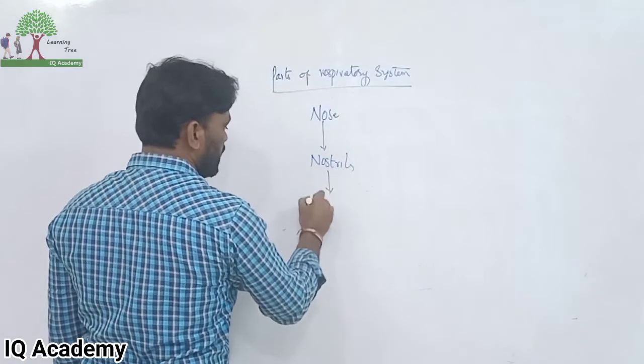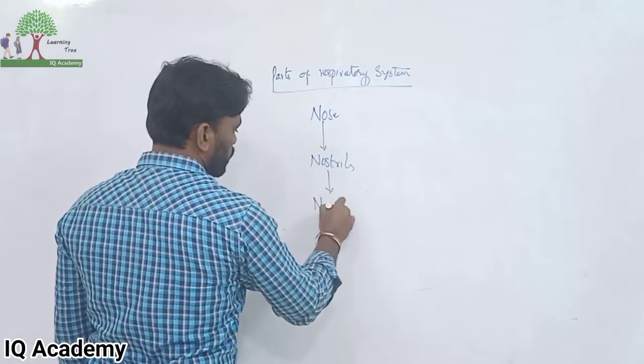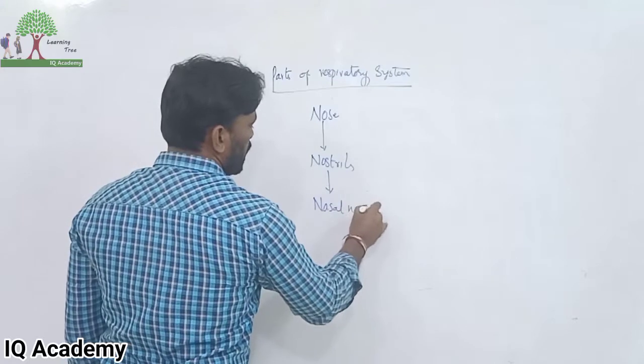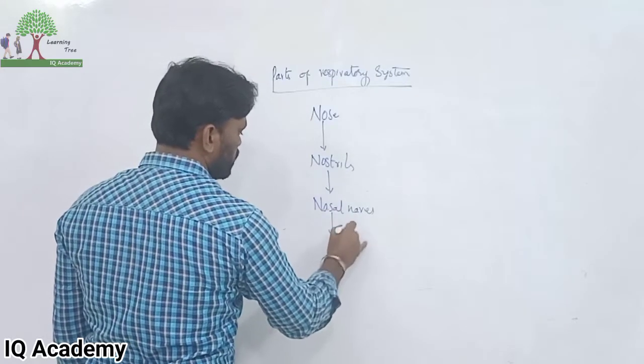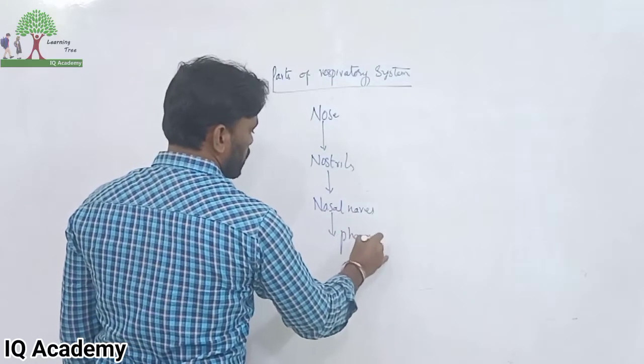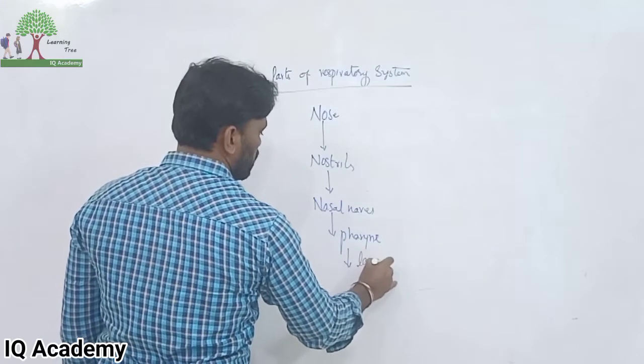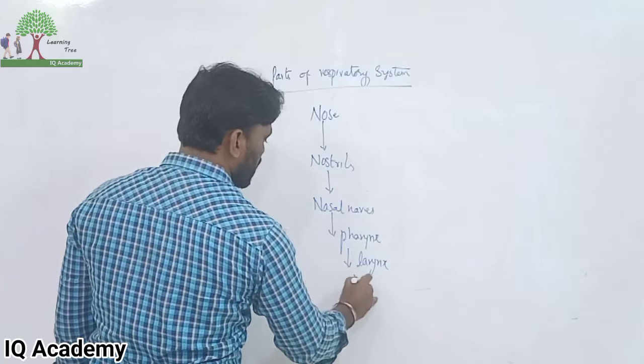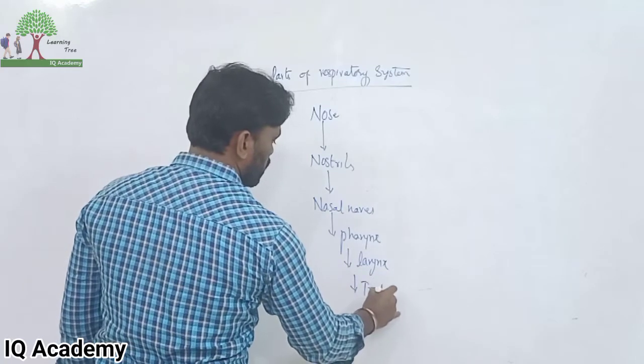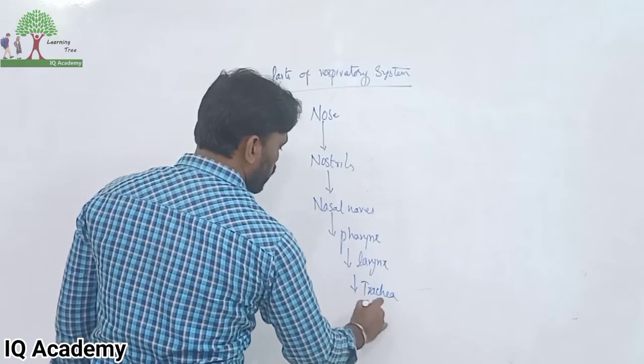This leads to the nasal nares, the nasal nares lead to the pharynx, the pharynx leads to the larynx, the larynx leads to the trachea, and the trachea leads to the tracheoles.